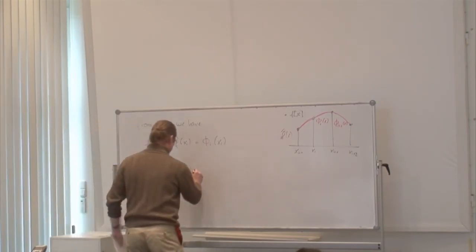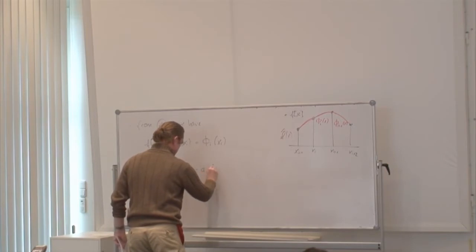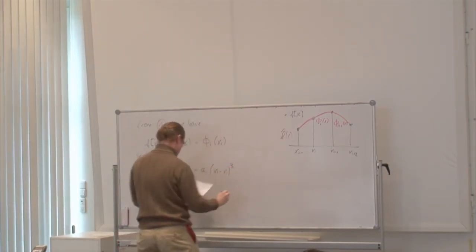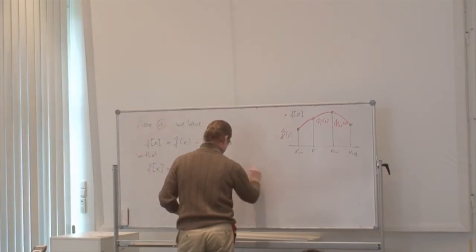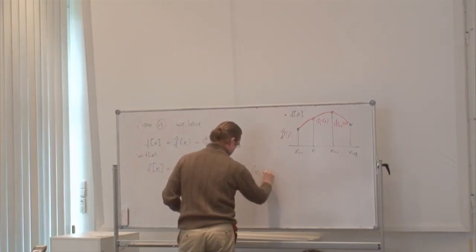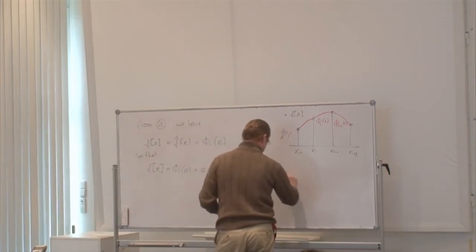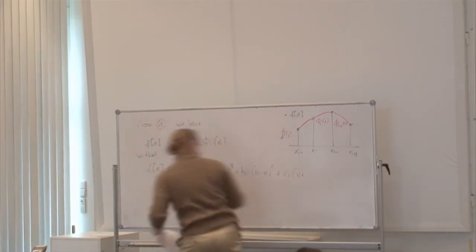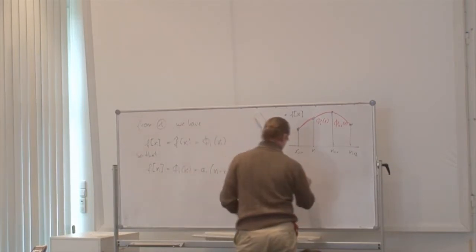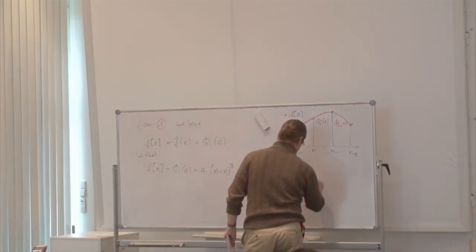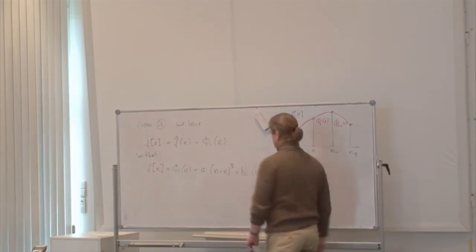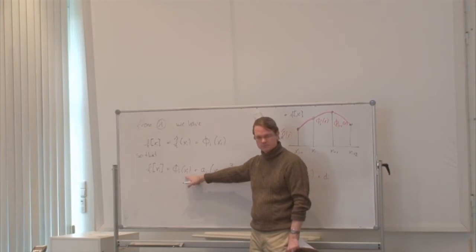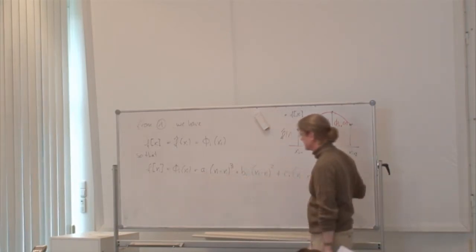And this is simply ai times (xi minus xi) raised to the third, plus bi times (xi minus xi) to the second, plus ci times (xi minus xi), plus di. Right? Phi i at xi is really given like this.